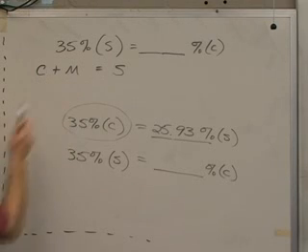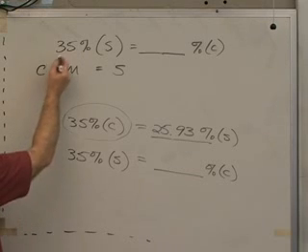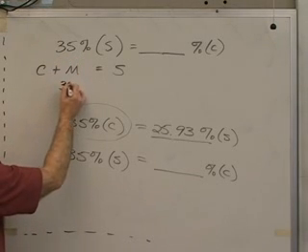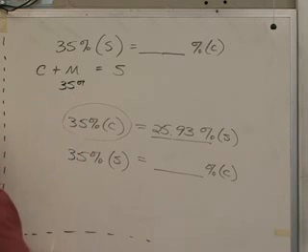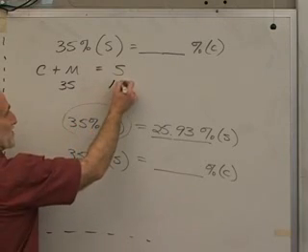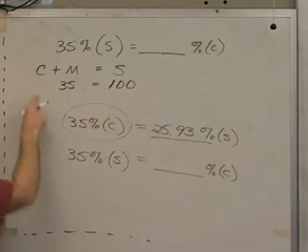Under C, M, or S? 35% is the margin based on selling price, isn't it? So that's the margin, that's the 35. Where does the 100 go? That's under selling price, isn't it? 35% margin on selling price means selling price is the base, that's the 100. So what goes here?